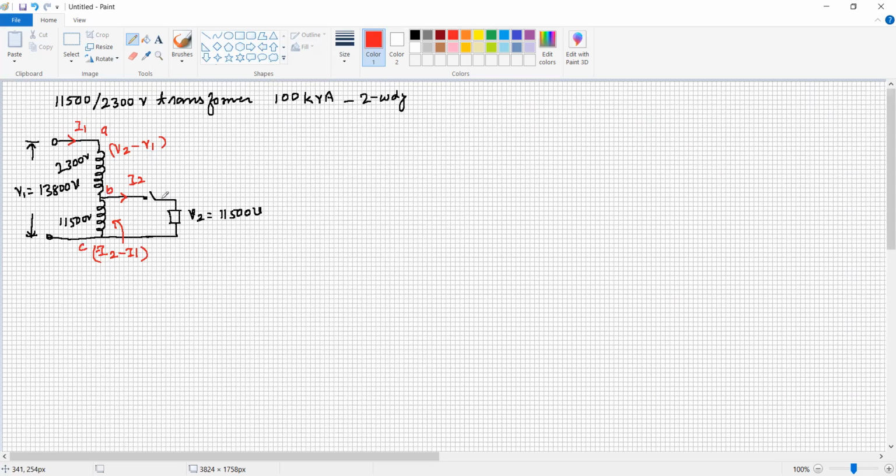Now, as it is connected in series, the dot mark is very much necessary. It is possible that both are in series, and it is possible to add these two voltages, that is V1 and V2.